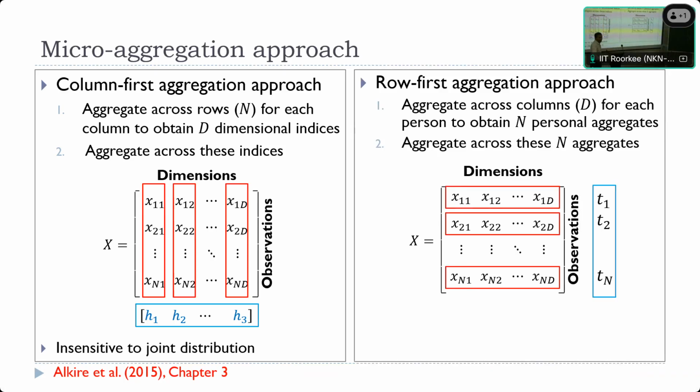You aggregate them, and this is sensitive to joint distribution, but depending on how you are aggregating, it is possible to be insensitive with some parametric choice. But with column first aggregation, there is no way of making it sensitive to joint distribution. Here, at least depending on how you aggregate, there is a possibility to be sensitive to joint distribution.